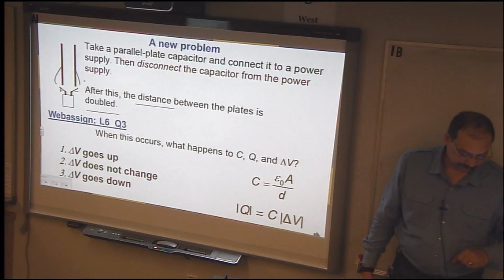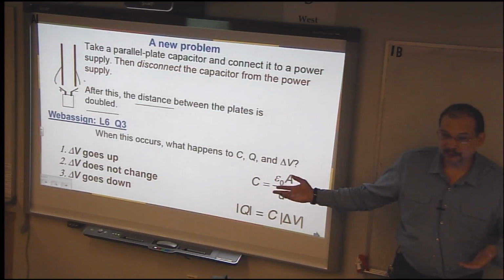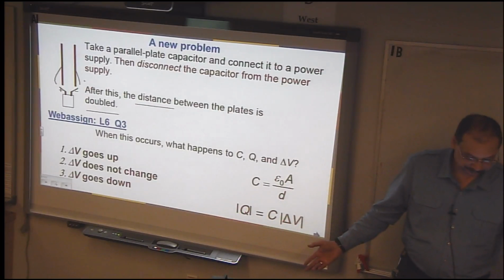That's it. If we have any quantity, any variable, it might remain constant or increase or decrease in value. So these are the only options we have to choose from, right?